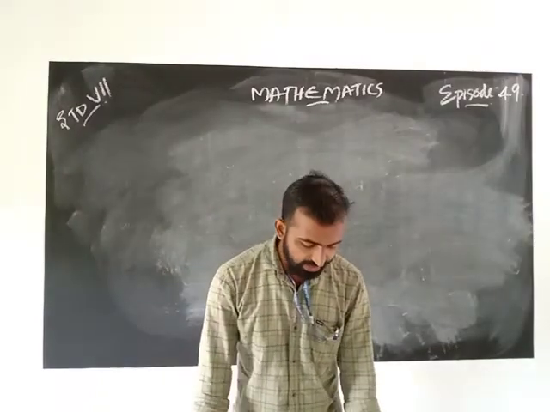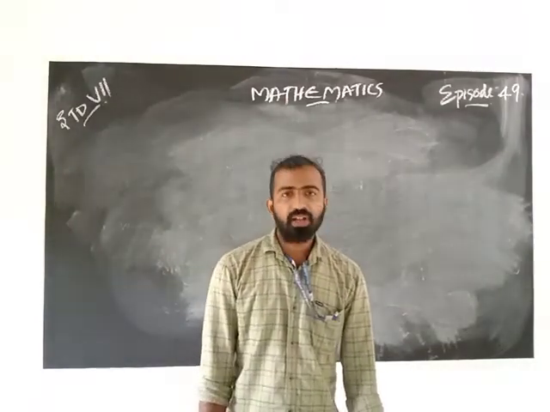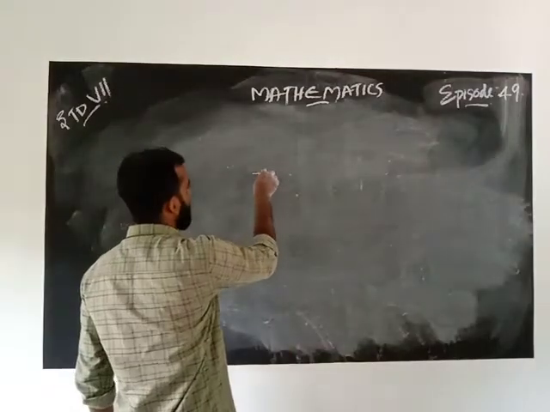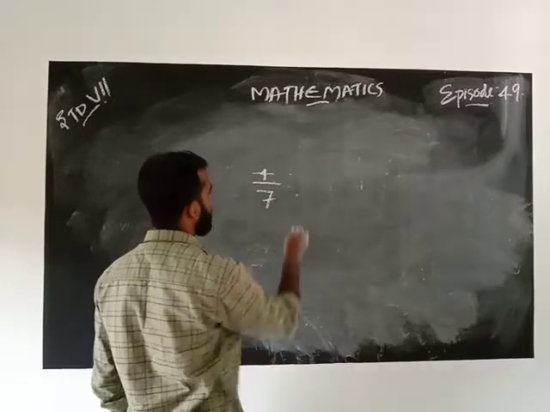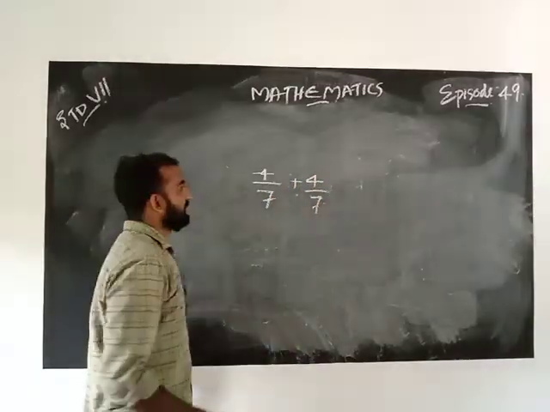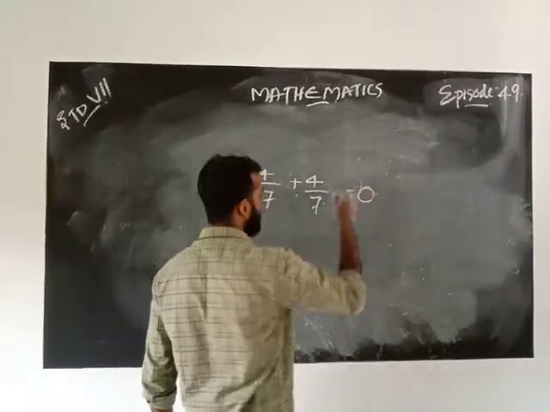Additive inverse is, for example, negative 4 by 7 plus 4 by 7. We get 0.